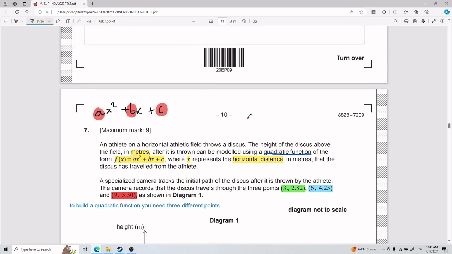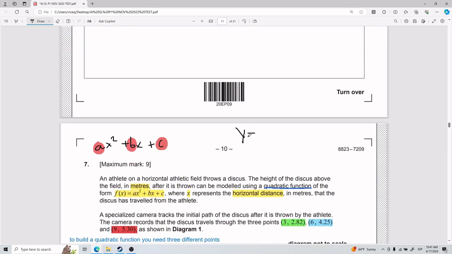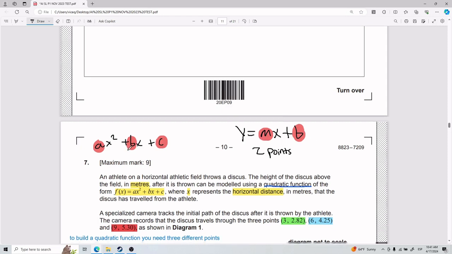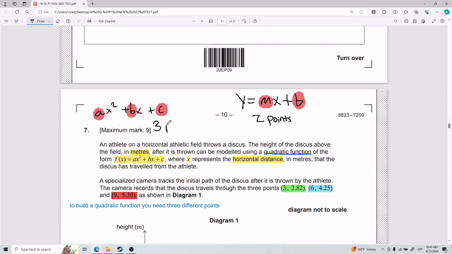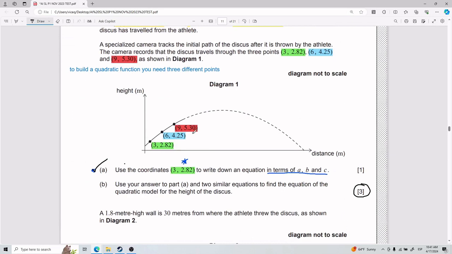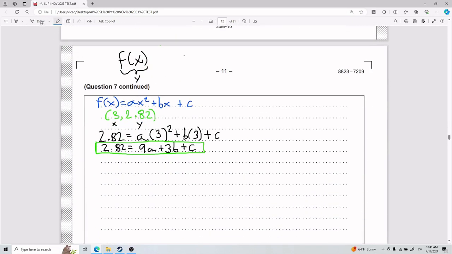For a line, you have two things to discover, m and b, so you only need 2 points. For a quadratic function, you need 3 because there are 3 things you need to discover. And lo and behold, they give us 3 points. And so the version in green is right there.